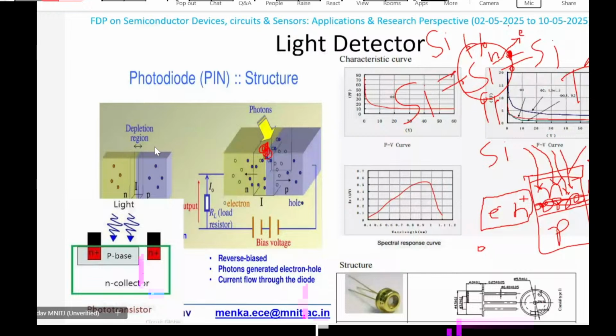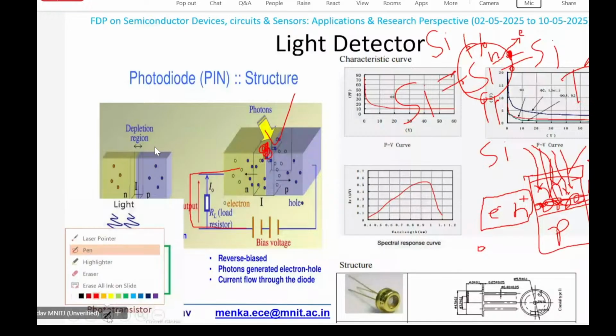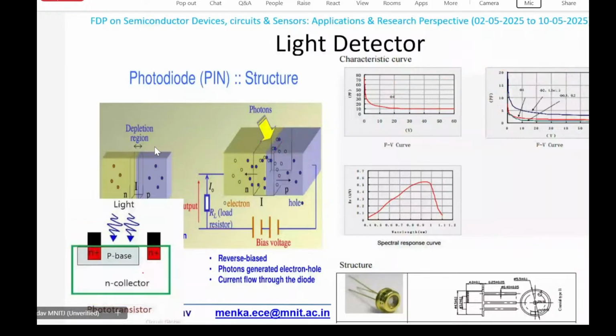So here the light is coming to this junction in this way, which we have shown in this diagram, and then the electron hole pairs are being generated, and then you can see the current characteristics are being changed. Now a similar thing you can utilize with BJT.